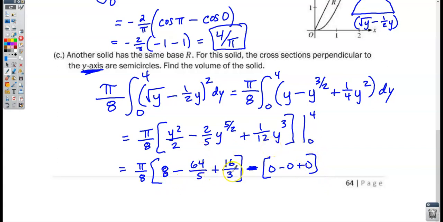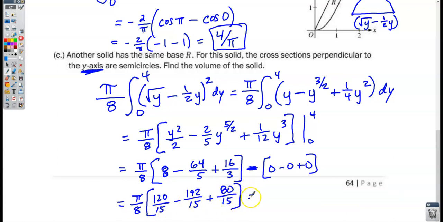I'm going to clean it up and turn it into a single fraction. Let's make all of these 15ths. So we've got 120 15ths minus 3 times that, that's 192 15ths, and 5 times that, that's 80 over 15. And that ends up being 8 over 15. So we've got pi over 8 times 8 over 15, and so the volume of this solid should be pi over 15.